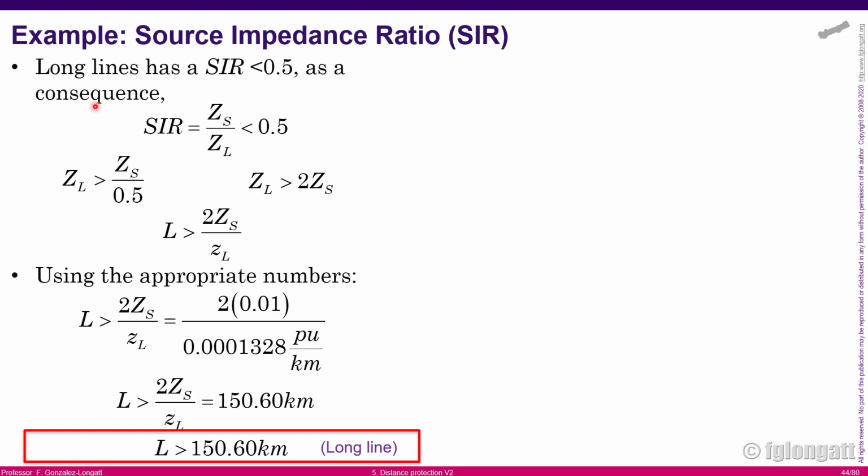Again, we are just playing with the equations and using the line impedance in per unit per kilometer. Doing so, we obtain that any 500 kV transmission line with a length above 150.6 kilometers will be identified as a long transmission line.